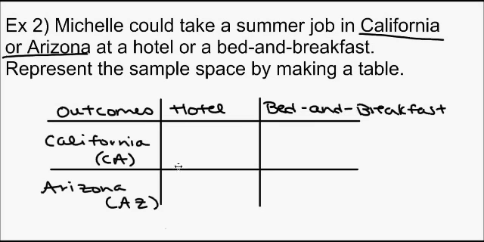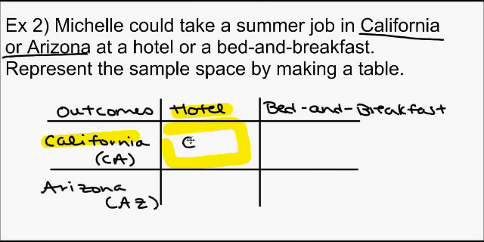And you might be asking yourself, well, why does California and Arizona go over here? Why don't they go on top? It could have gone on top. You could put either one together, but make sure you keep the places together and keep the jobs together. And basically what we're doing now, this box, you can see, is where hotel and California kind of meet. They get together.